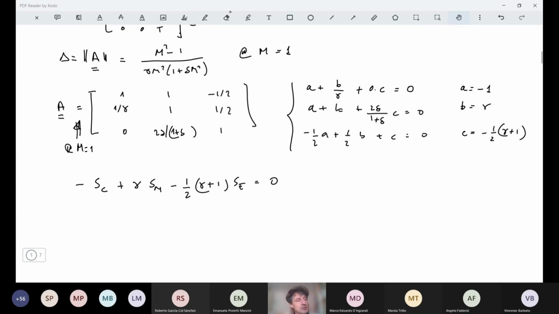So this is the critical condition for the right-hand side, and if this condition is satisfied, we can also consider a system of equations which is defined at unit Mach number. If this is not the case, it means that the condition Mach number equal to 1 cannot be satisfied by the governing equations.